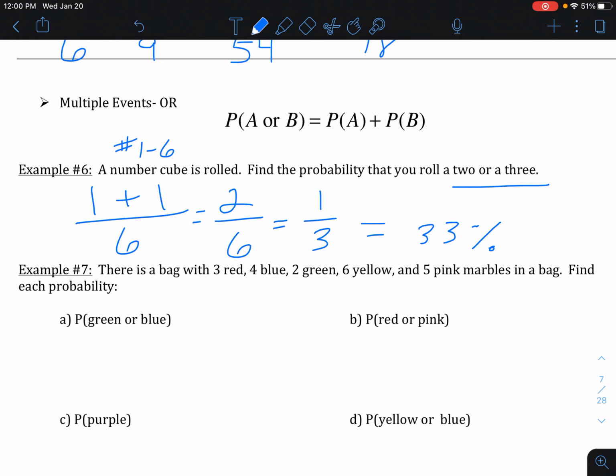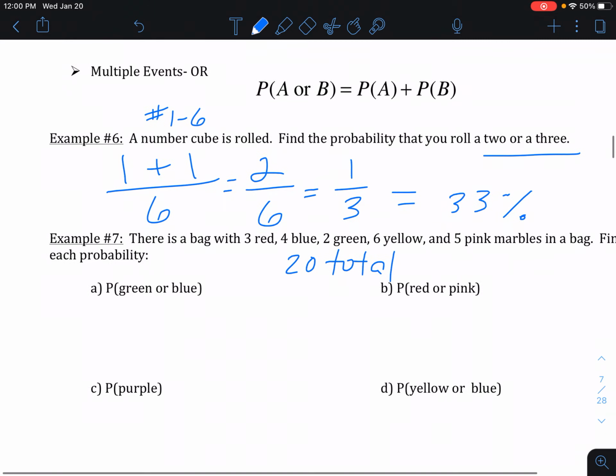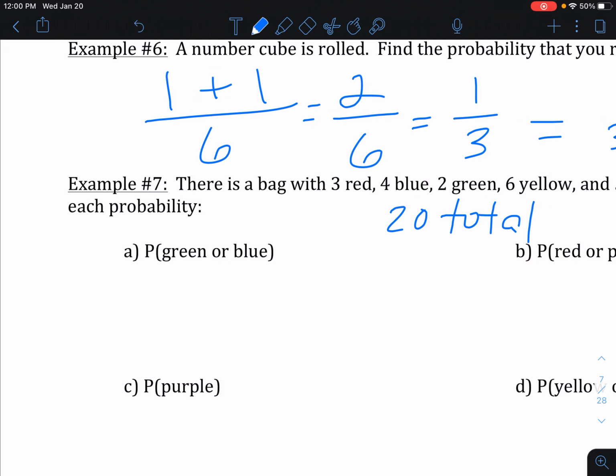Example 7. There's a bag with 3 red, 4 blue, 2 green, 6 yellow, and 5 pink marbles. Find each probability. So we have 20 total marbles. So in A, the probability of getting a green or a blue. That means, again, one pull, so one fraction here.